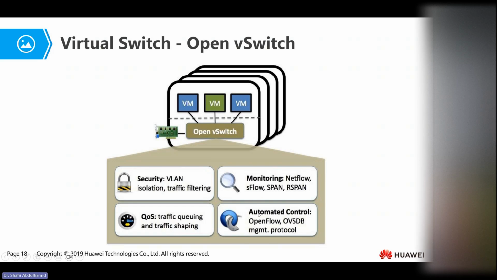And last but not least, it provides automated controls for OpenFlow and some other protocols for management. So this is how the virtual switch is managed using Open vSwitch, which helps to manage the virtual switch with virtual machines.